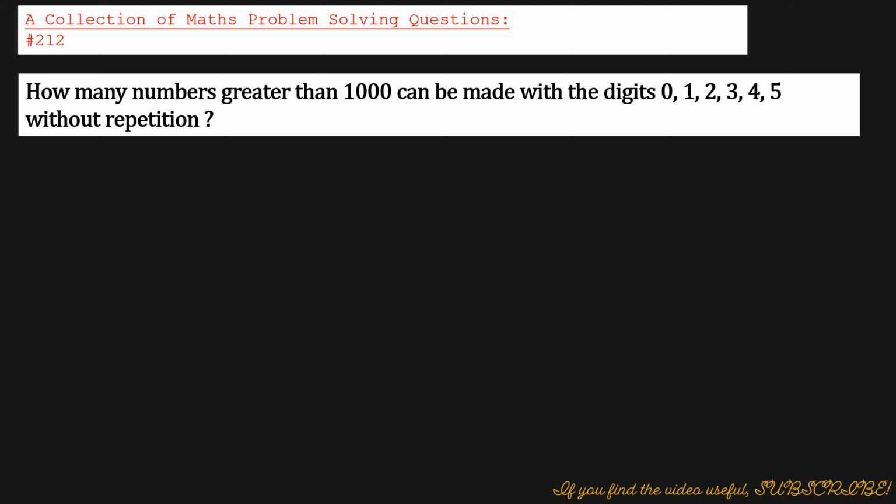How many numbers greater than 1000 can be made with the digits 0, 1, 2, 3, 4, 5 without repetition?